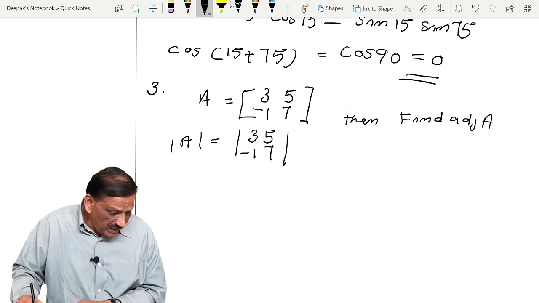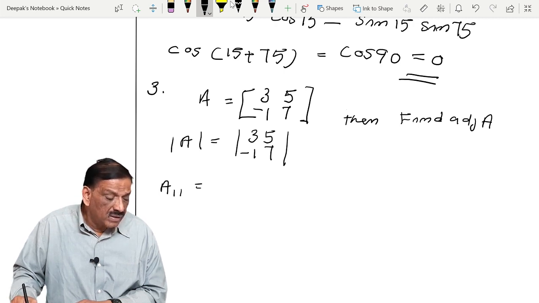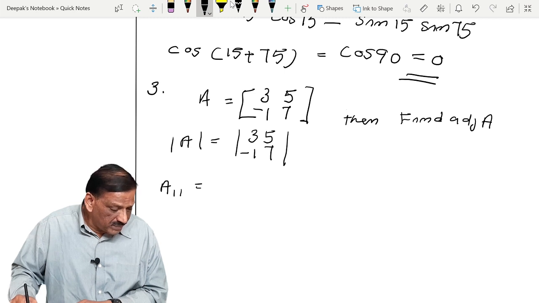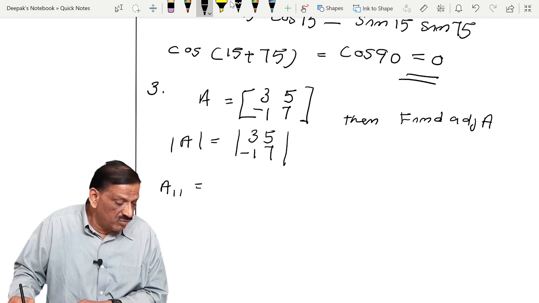We know A11 is first row and first column. 1 plus 1 is even, therefore positive.